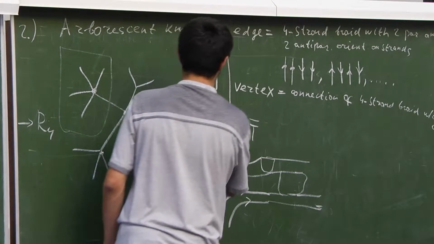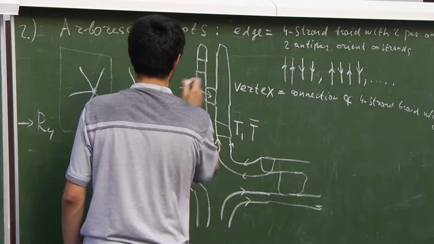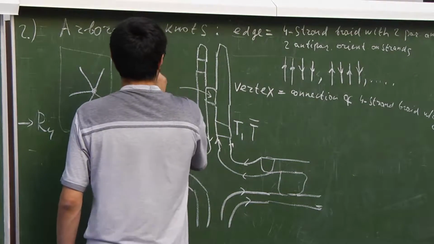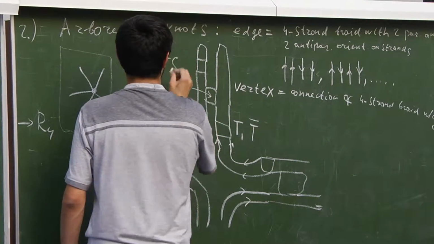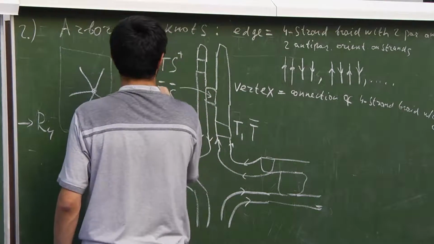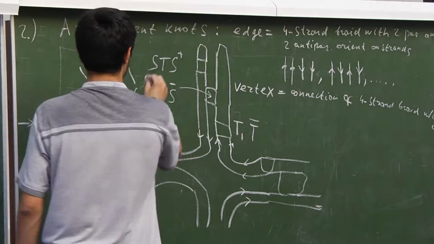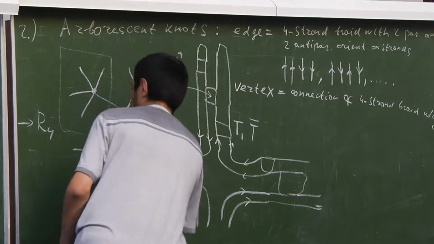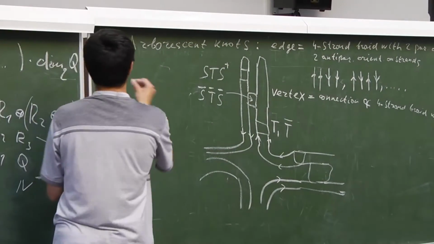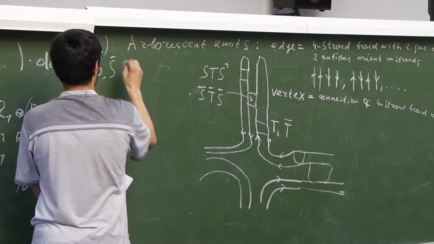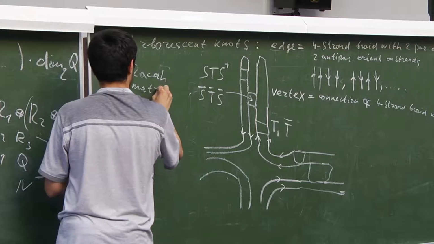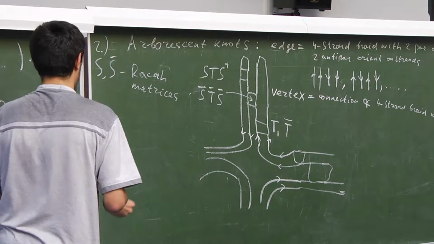For such crossings which appear in the center of this braid, we will have matrices which are also rotated with respect to the matrices T and T bar, with the help of matrices S and S bar. These matrices are also Racah matrices, but of a different type.